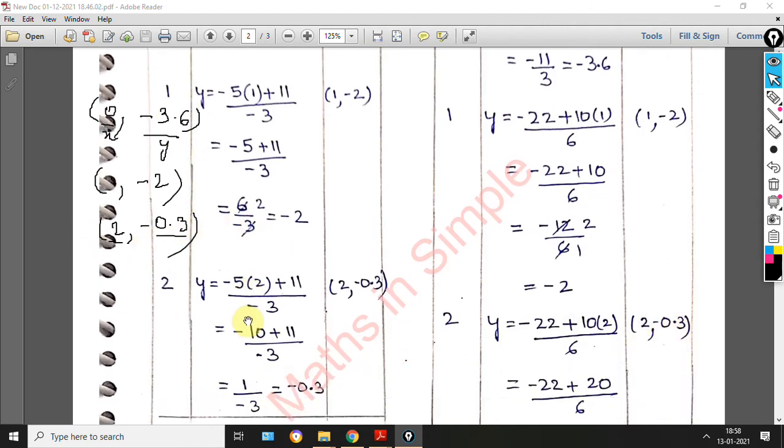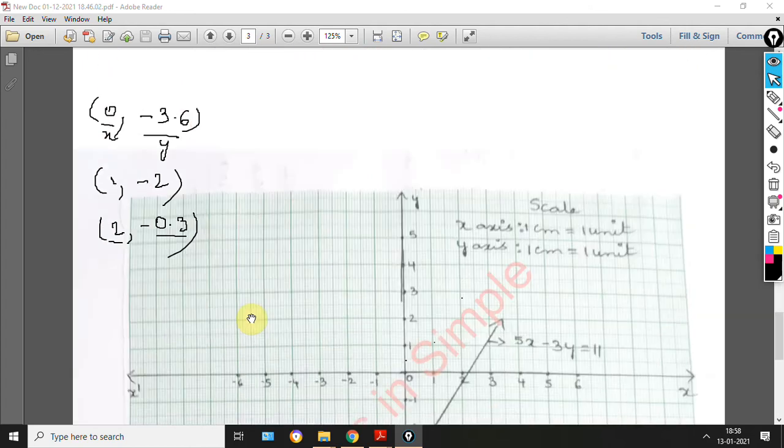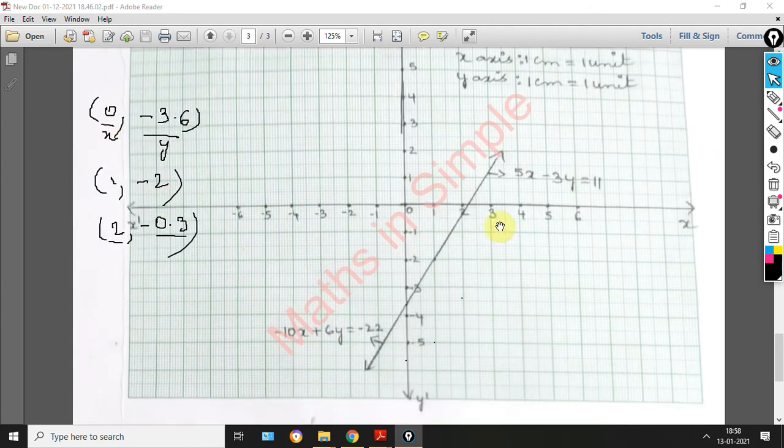If you plot again on this graph, from 0 to minus 3.6 we get the same point, from 1 to minus 2 again the same, and 2 comma minus 0.3 again here only. So we will get the same line. In the condition we have seen that they are consistent and they will coincide, so our graph is also correct.